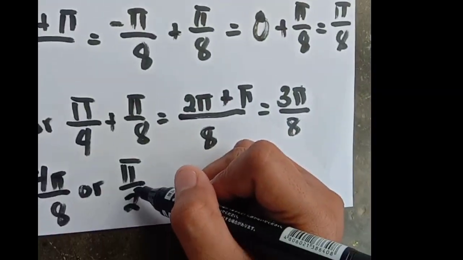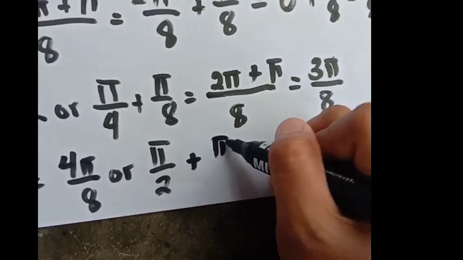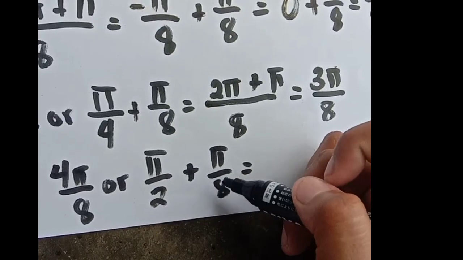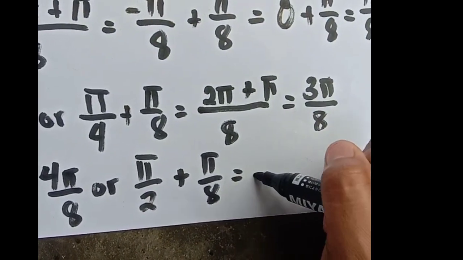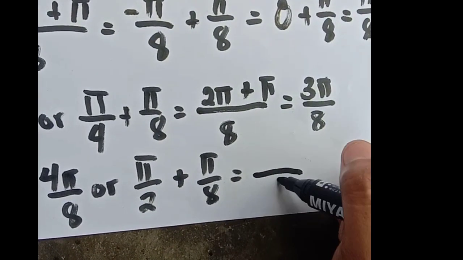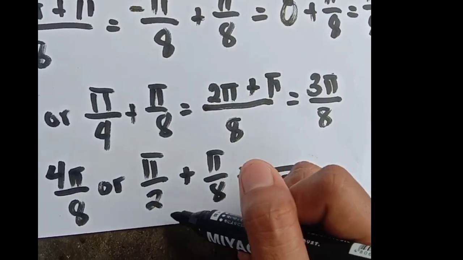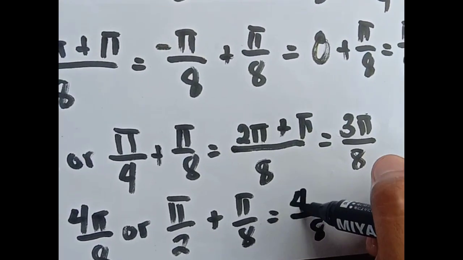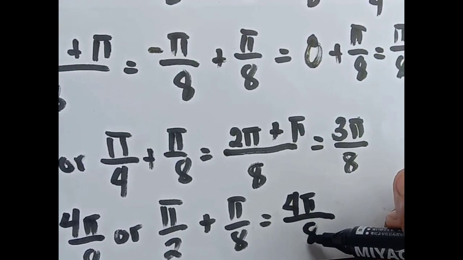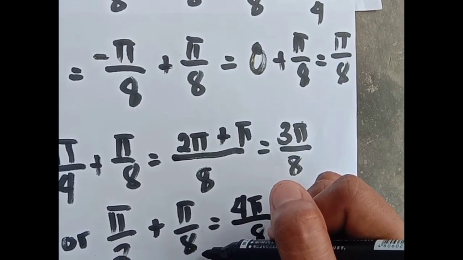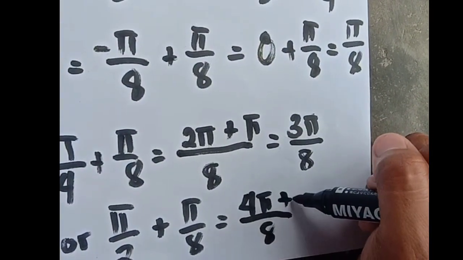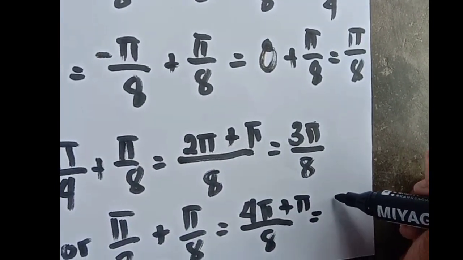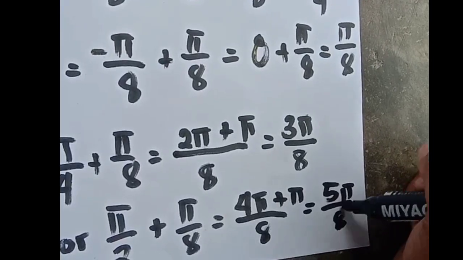Then pi over 2 plus pi over 8. You notice that they have different denominators, so let's find the LCD. The LCD is 8. Then 8 divided by 2, 4 times pi, 4 pi. 8 divided by 8, 1 pi. So 4 pi plus pi equals 5 pi over 8.